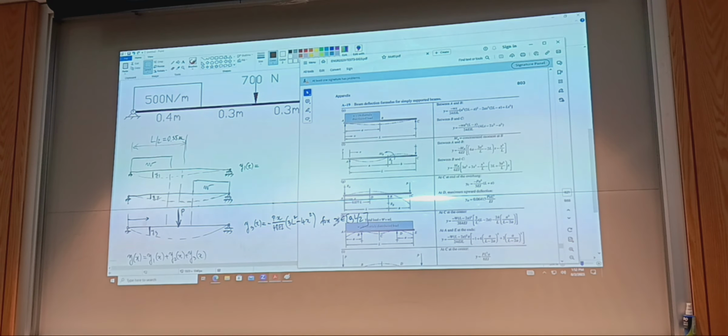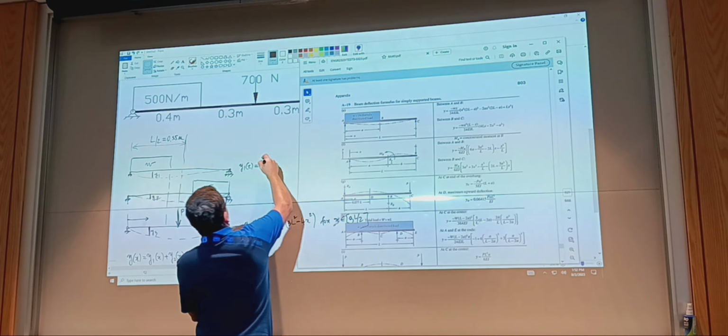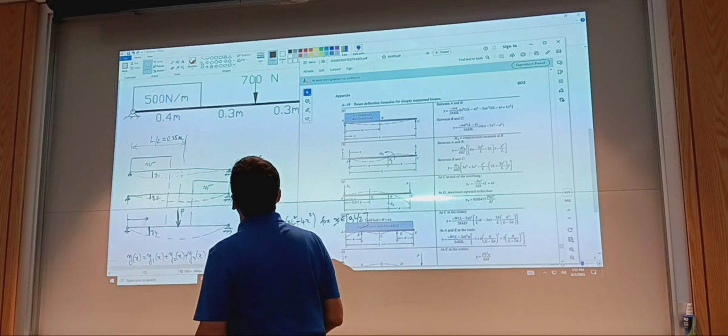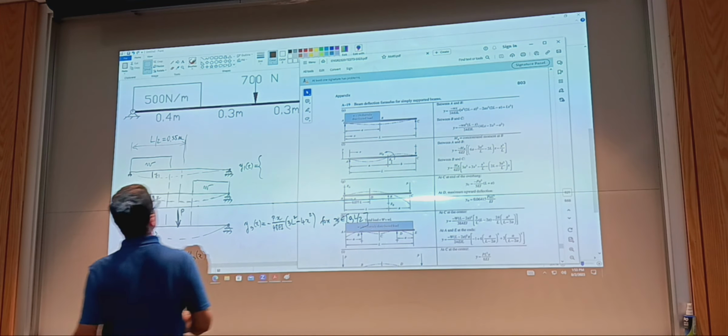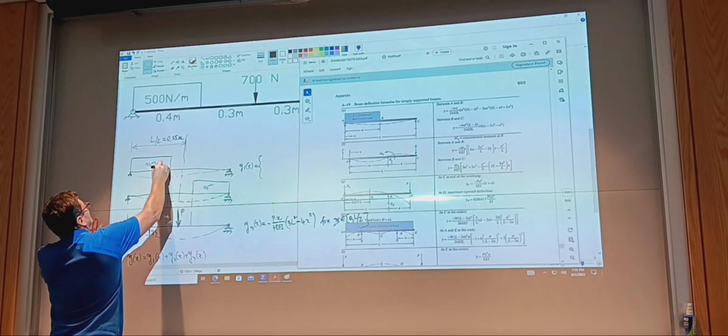So it says between A and B, and then between B and C. So this is already piecewise defined, like piecewise with a curly bracket, and we have A is 0.4 meters.